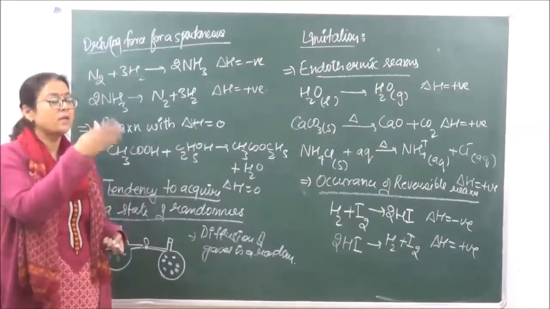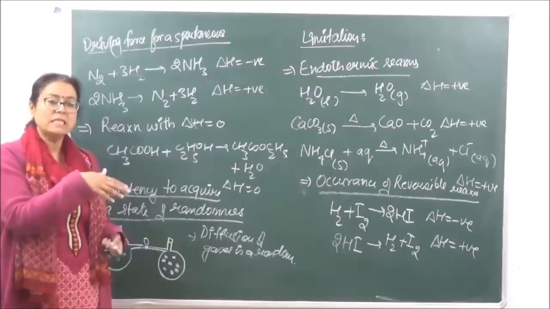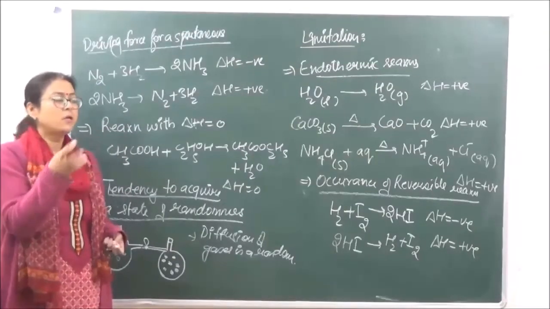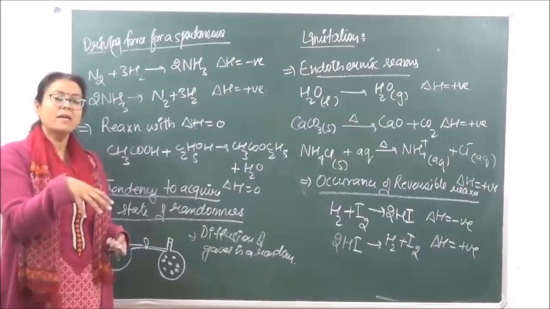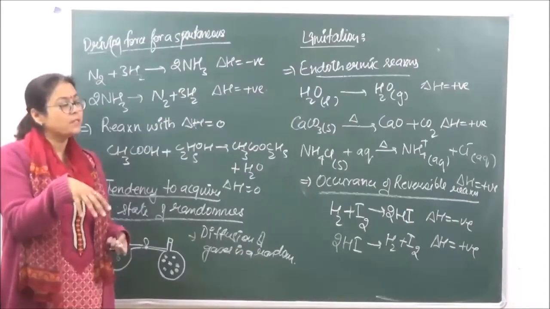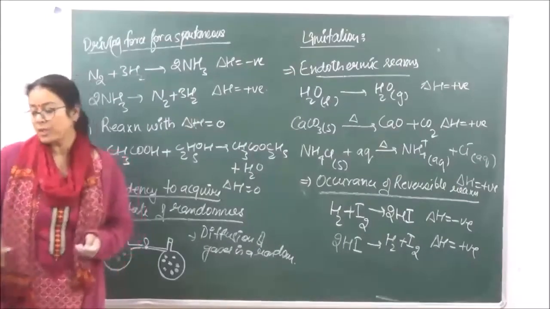Similarly, we are converting a liquid into a solid by decreasing the temperature. So उसमें भी liquid is going to be more random and we are coming back to the solid state which is less random. So that is going to be the limitations.